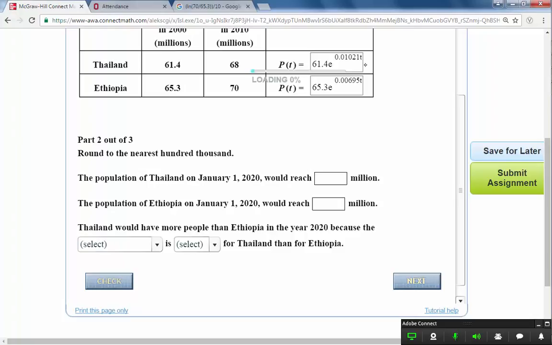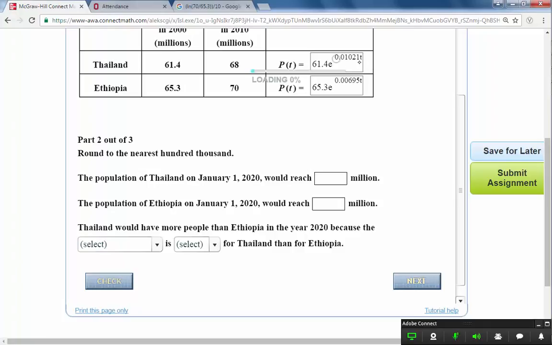All you need to do is substitute something in this formula. What are you going to substitute? T is going to be 20 years after 2000. The initial measurement is 61.4. You're going to put 20 more years in it and compute it.